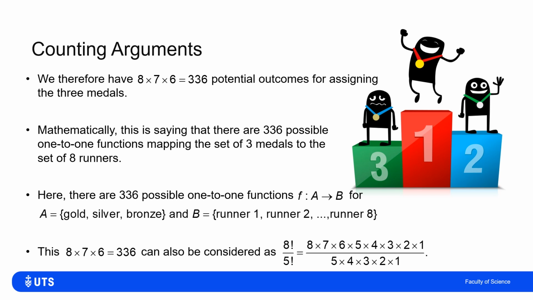So by adding in the extra terms at the top and putting them on the bottom, that's a way of writing this sort of truncated product, 8 times 7 times 6, and stopping there, in terms of factorial functions.